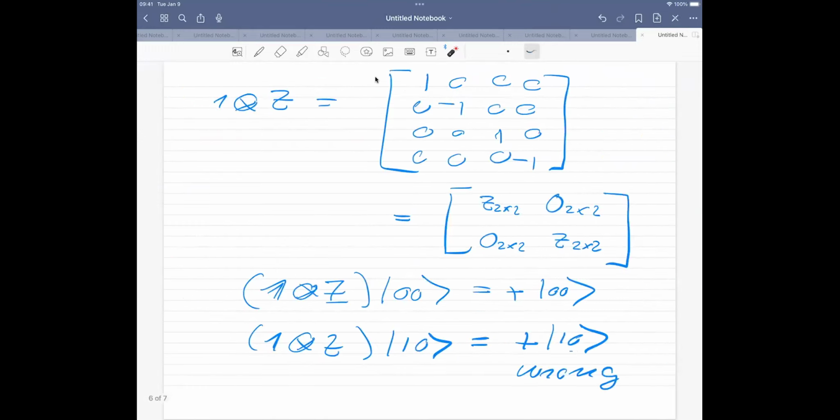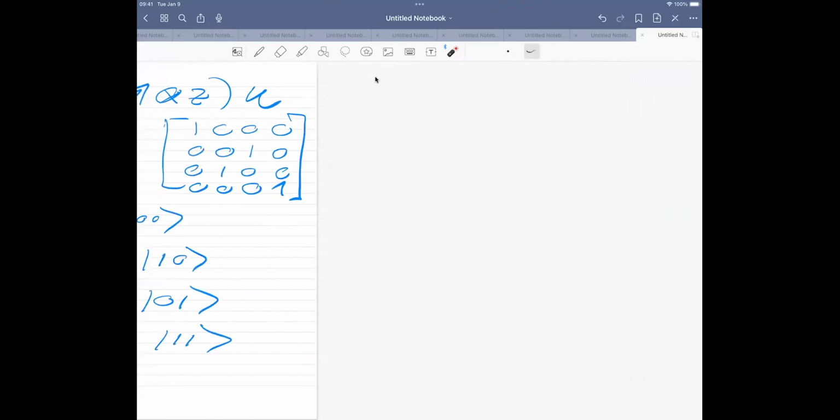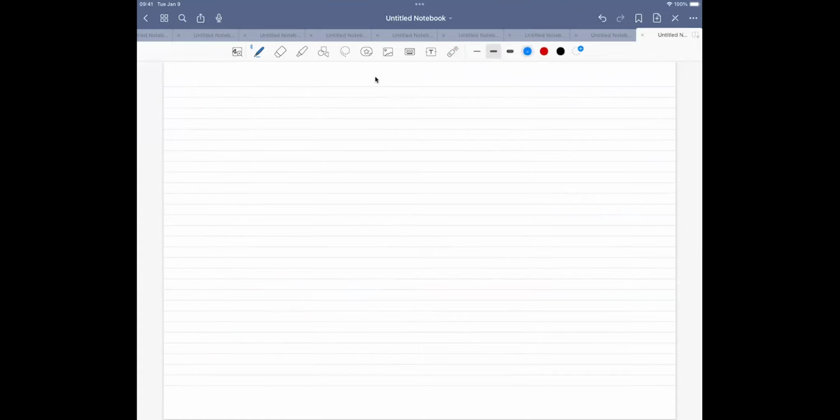So if I take the original expression, which I have, this one, I can actually show that this is given by this swap matrix, 1, 0, 0, 0, 0, 0, 1, 0, 0, 1, 0, 0.